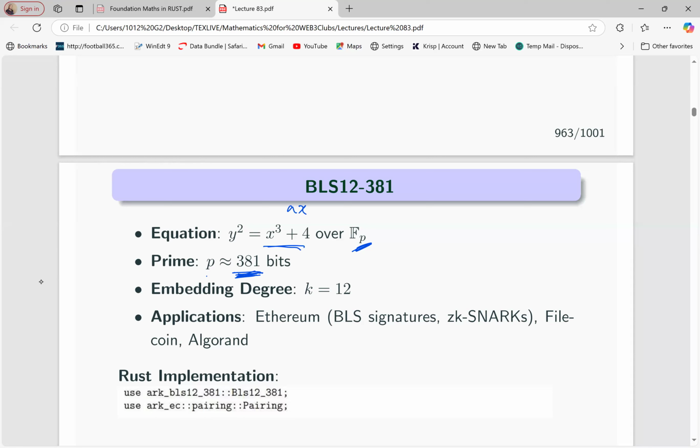It's a very long prime number. This is what makes it different from the above.